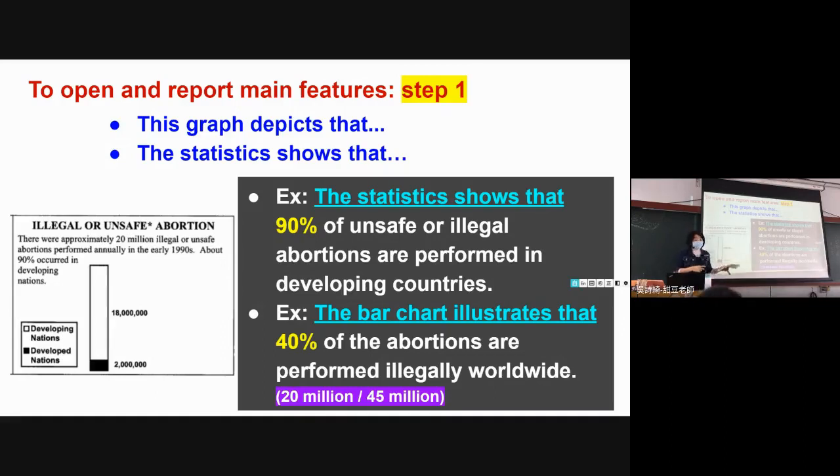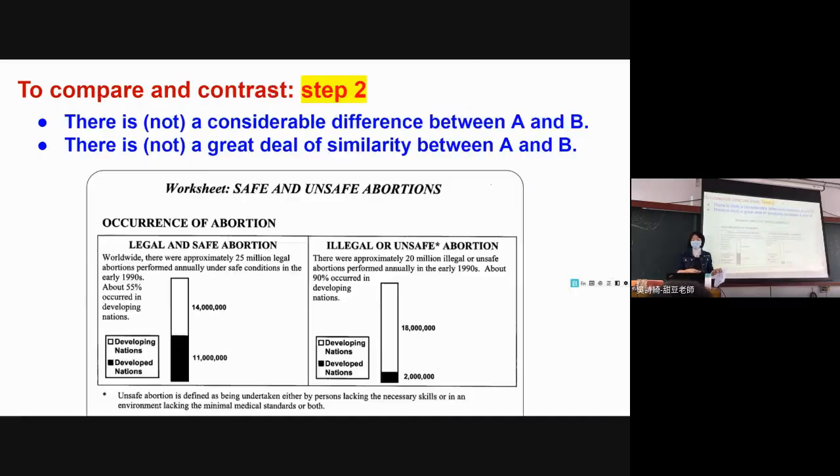Other than only opening and reporting the main features, we can also talk about two things when you want to compare and contrast. So what sentence can be given here? Repeat after me. Let's go.